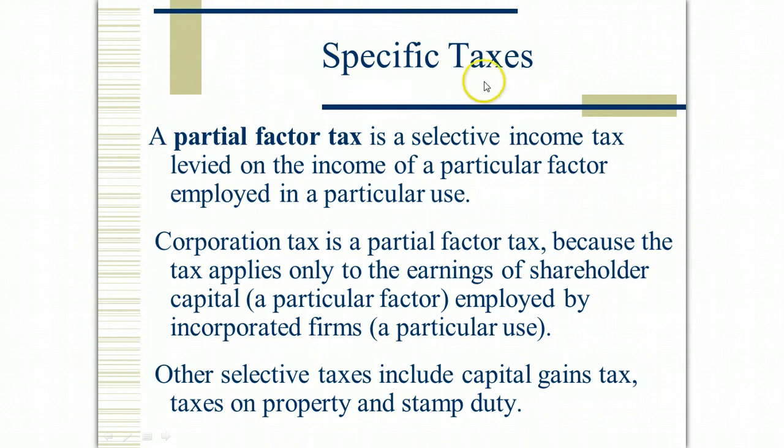There are some specific taxes. So there's a partial factor tax, which is a selective income tax levied on the income of a particular factor employed for a particular use. Corporation tax is a partial factor tax, because the tax applies only to the earnings of shareholder capital, a particular factor, employed by incorporated firms, a particular use.